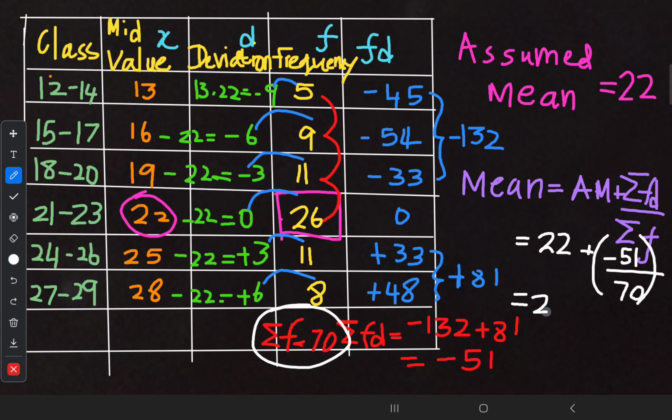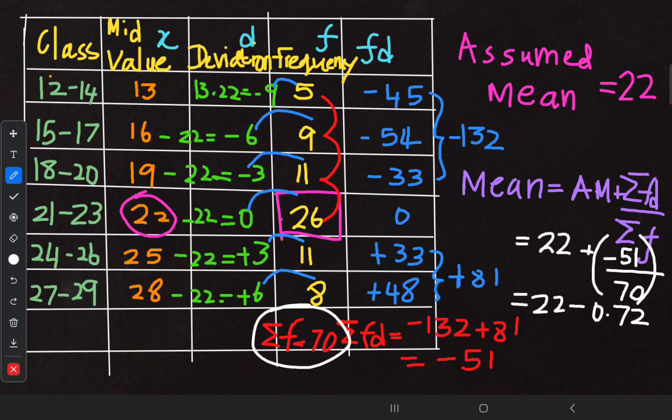Then 22. When you find the decimal for the relevant fraction, negative 51 divided by 70 will give you negative 0.72. So you should subtract 0.72 from 22.